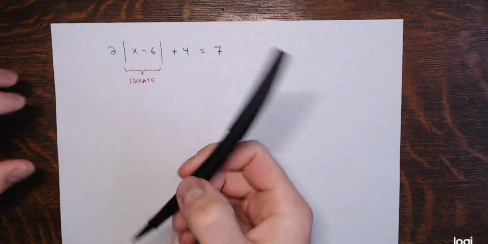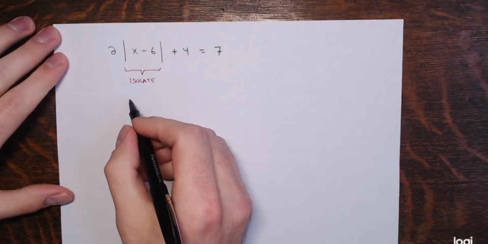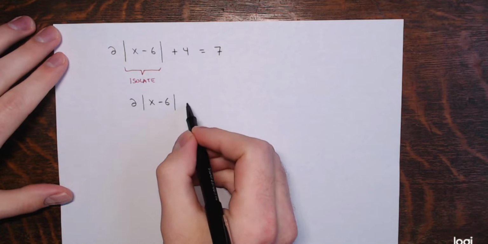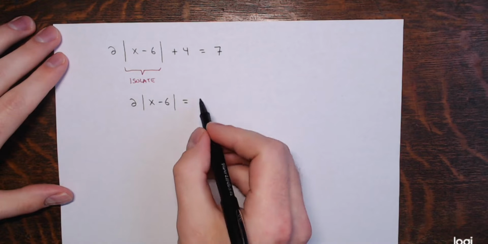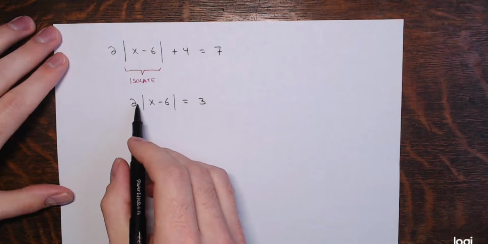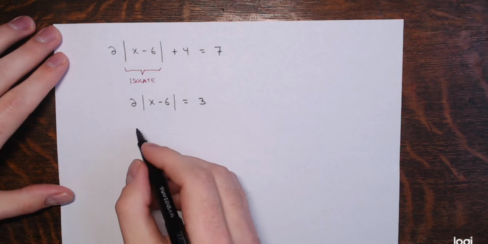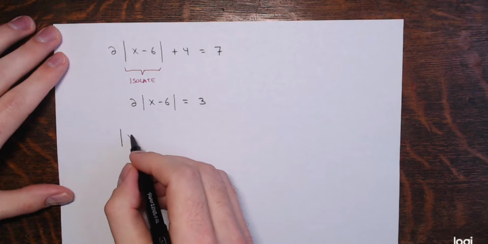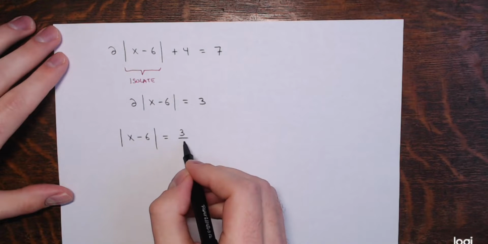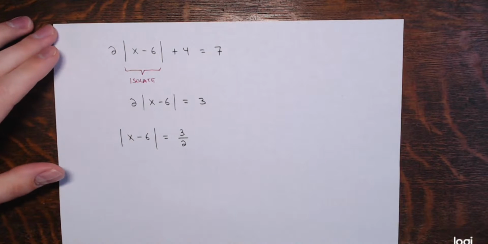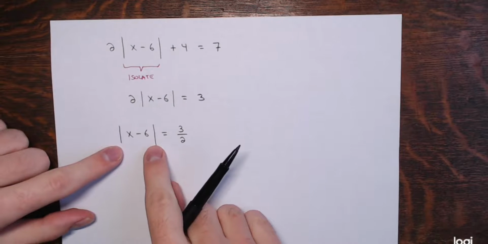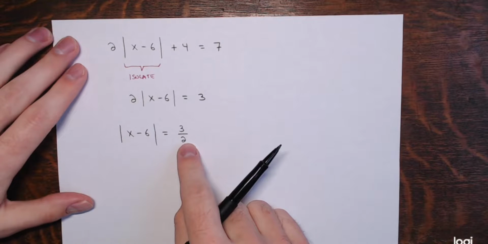So first I would subtract 4, and then we have 2 times the absolute value of x minus 6 equals 7 minus 4, which is 3, and then get rid of the 2, it's being multiplied, so divide by 2. So we have the absolute value of x minus 6 equals 3 halves, or 1.5. Now I have what I want to start with: absolute value alone on one side, some number on the other.